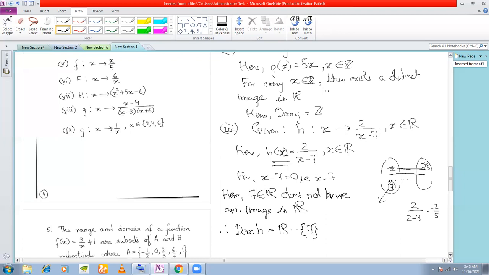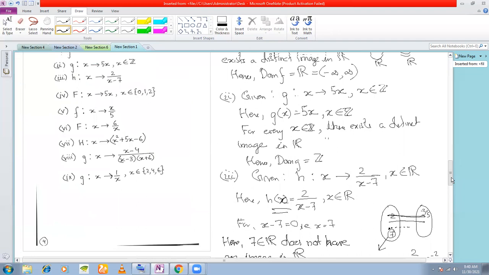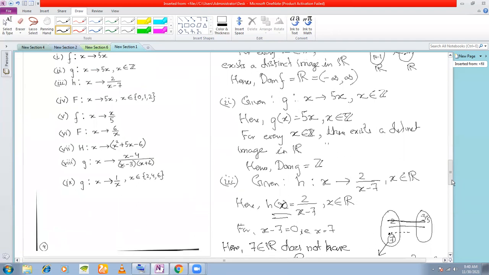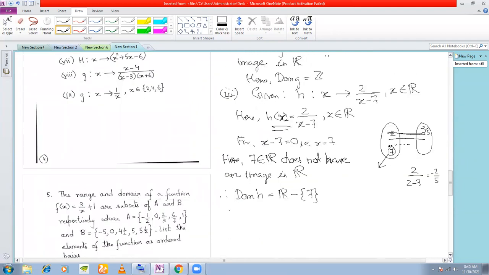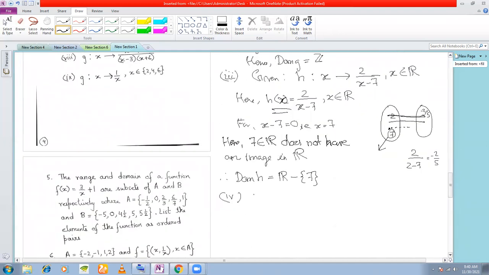Okay. So this is part 4. f is defined as the function f: x to 5x, where x belongs to {0, 1, 2}.